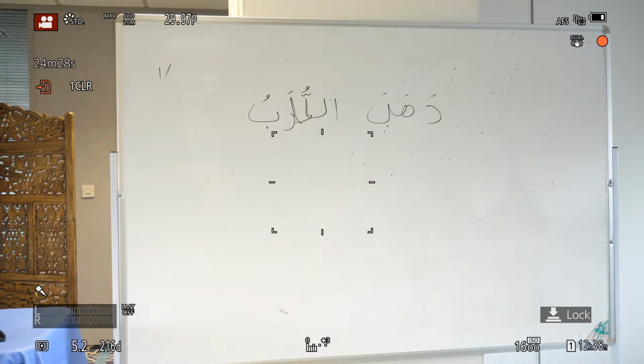Lasta, you are not. Lastuma, lastum, antum lastum. Lasti, you are not. Lastuma, lastunna. Ana, lastu, I am not. Lasna, we are not. So the only ones that can have ismu laysa is which one? Laysa and laysat.